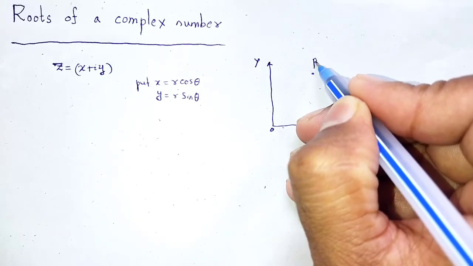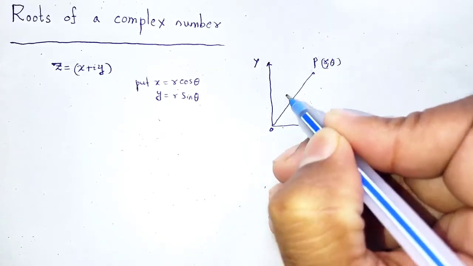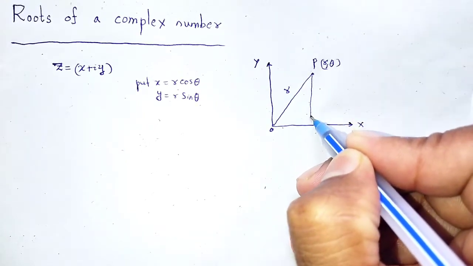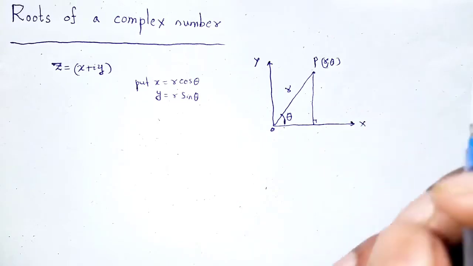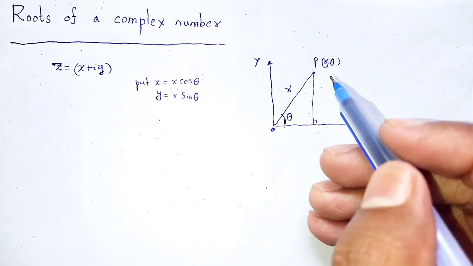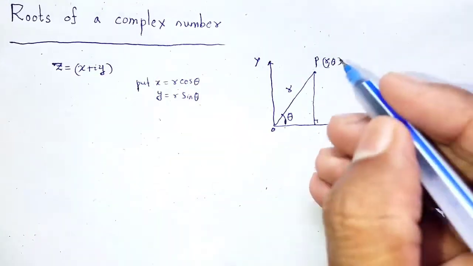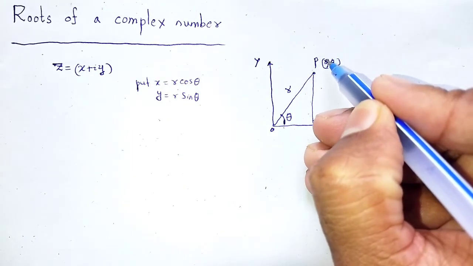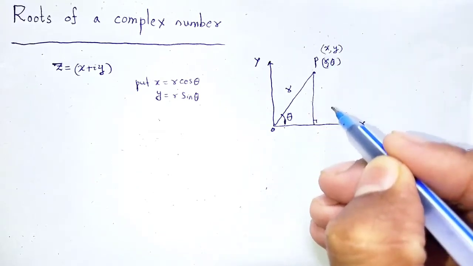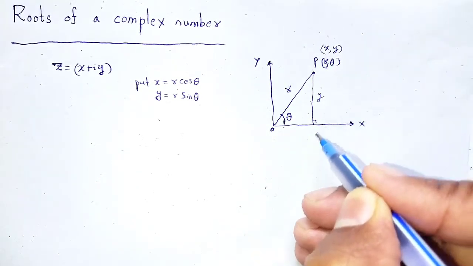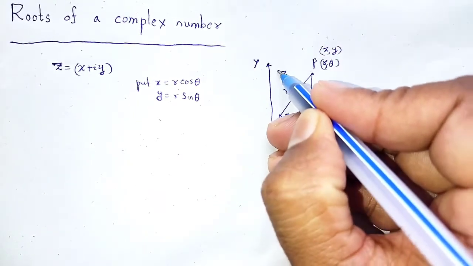Let a point P have coordinates r, theta in polar form, that is the value of r. This is the theta, which is known as the argument. Same thing for z is equal to x plus iy, that point having the coordinates x, y, that portion is y, that portion is x, that portion is the magnitude of z.